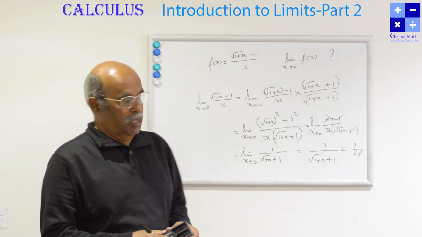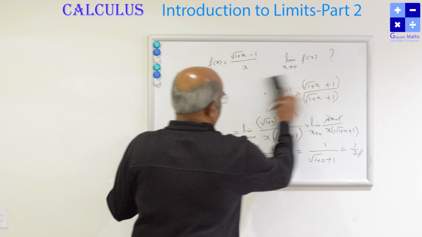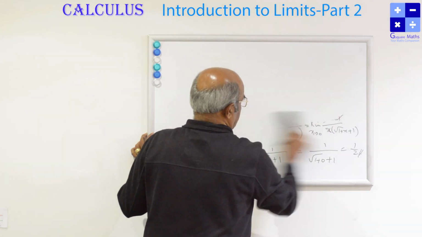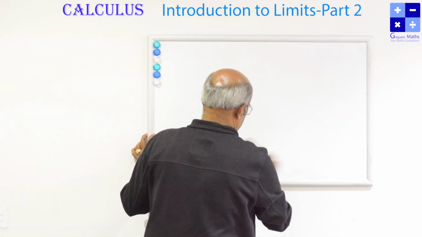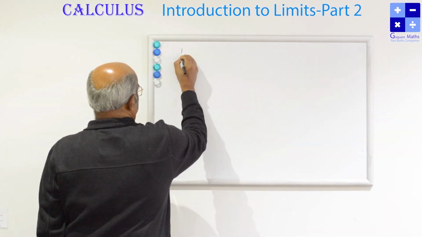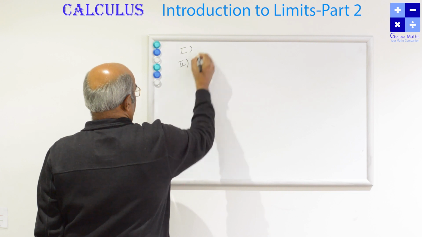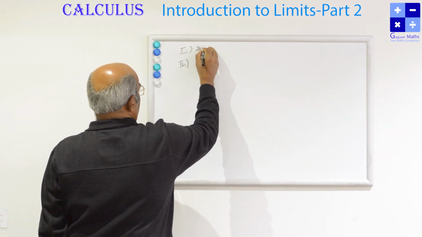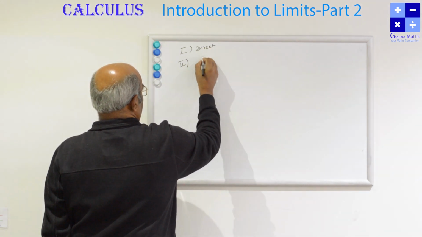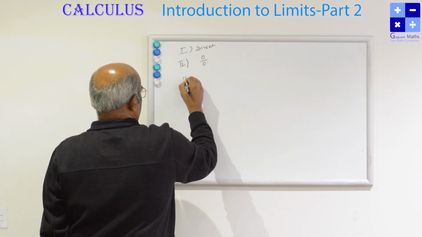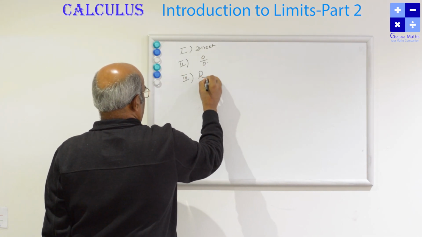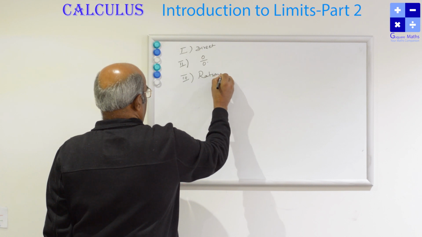The fourth one is using formula. First method is direct application. Second is 0 by 0 form. Third one is rationalizing.